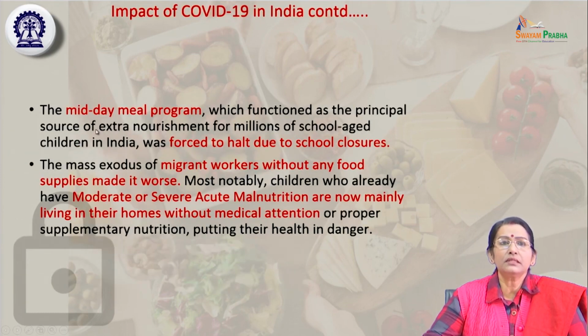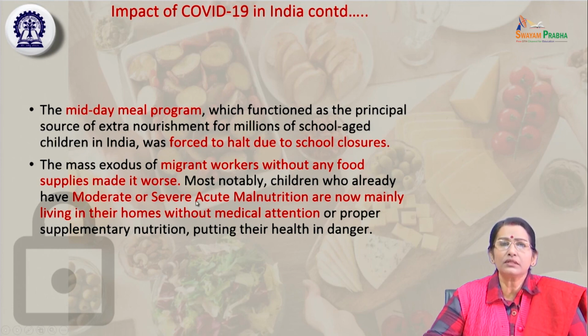So these are some of the reasons, like the midday meal program was forced to halt due to school closures. Migrant workers were also without any food supply, which made it even worse. As we can see in the news, the migrant workers from Gujarat were coming back to the villages by walking only, because sufficient transportation was not available at that time.